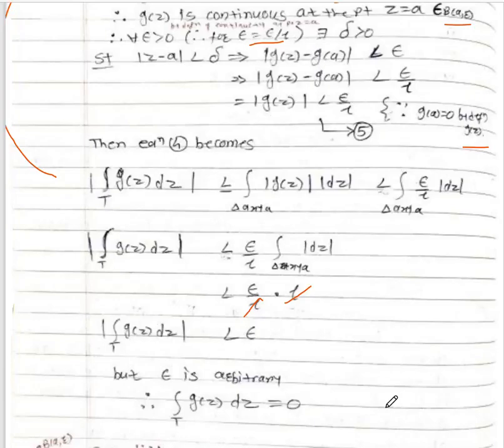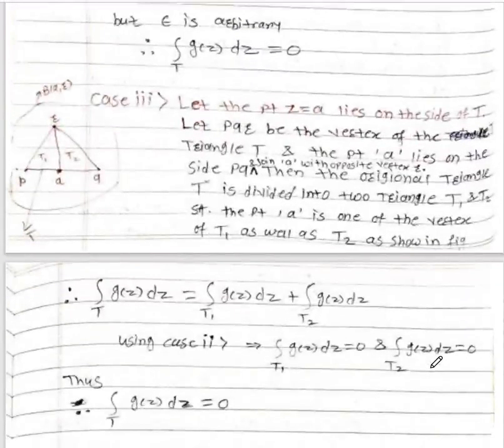So here we have proved the second case. Now in the third case we will see, let the point z equal to a lie on the side of T. Let PQR be the vertices of the triangle T, and the point A lies on the side PQ, and then we will join A with the opposite vertex R. Then the original triangle T is divided into two triangles.